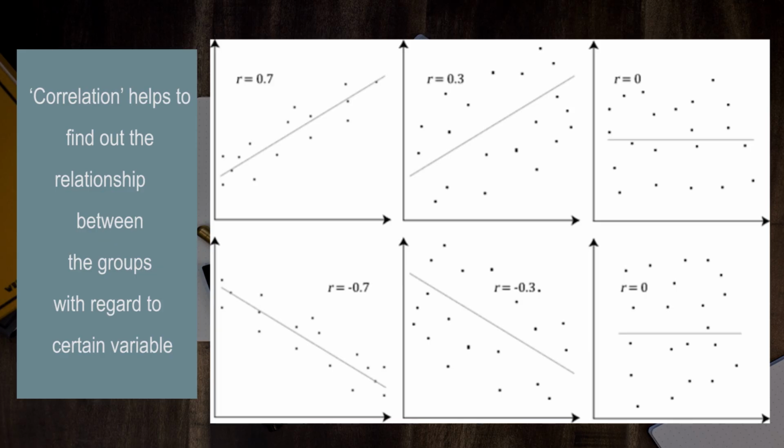Suppose we have two groups, one group is the boys and the other group is the girls, and we can find out the correlation between boys and girls so far as the achievement variable is concerned. Whether the correlation coefficient is positive or negative, we can find out by using different methods of correlation. It may be the Spearman method or Pearson method or product moment method or other types of correlation methods also.